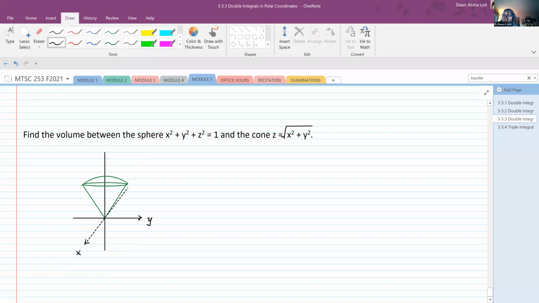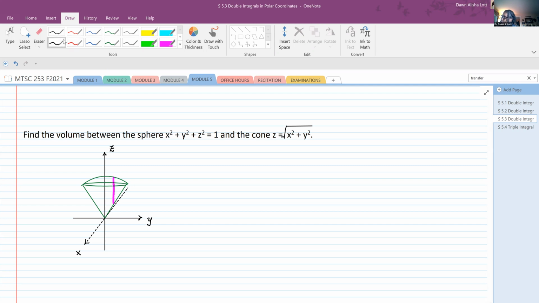So I can see that as I'm doing this, z is going to start down at the cone and go all the way up to the sphere.